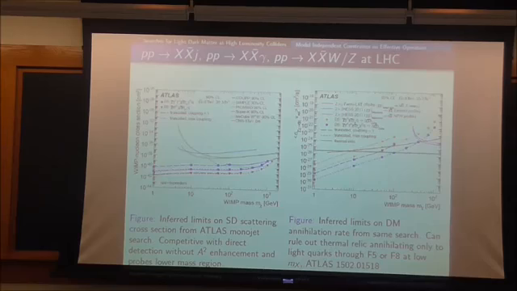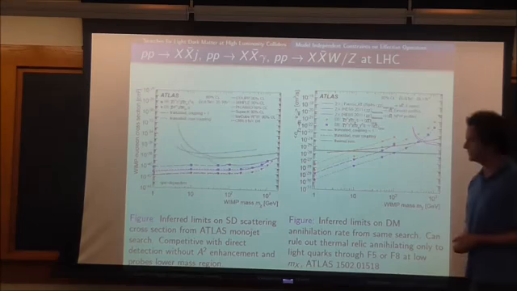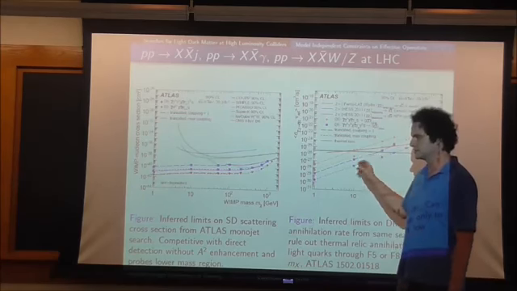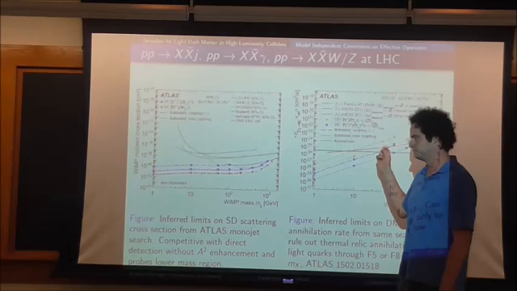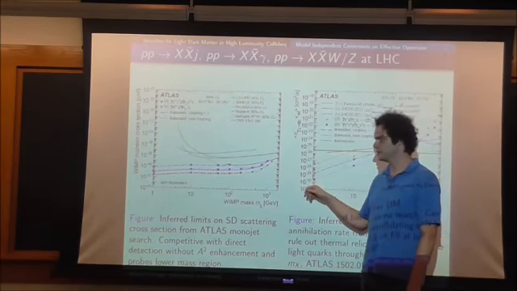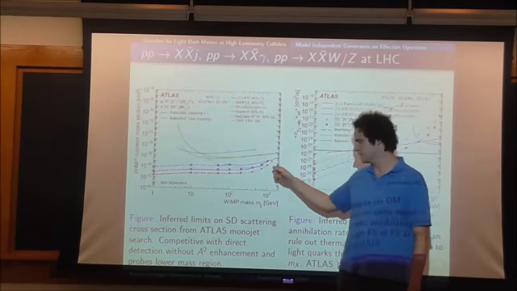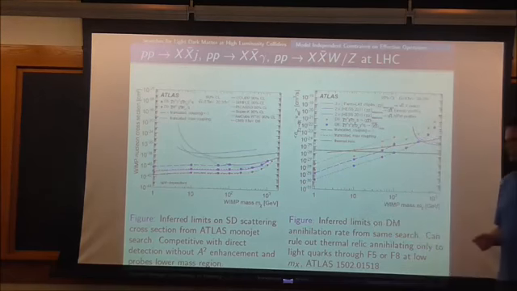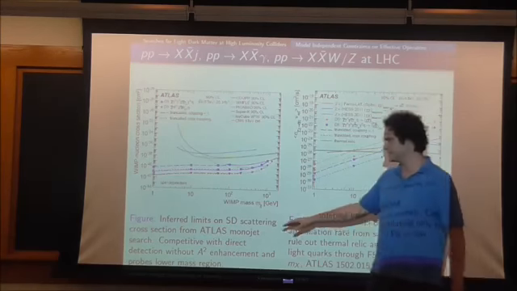So these are just a couple of example plots from monojet searches at the LHC. These features are common to any kind of collider search, whether it's monojet or upsilon searches. But when you do these model-independent searches, you become competitive with spin-dependent scattering, because in spin-dependent scattering at direct detection, you don't have coherent scattering off of all the nucleons in the nuclei, so you don't have your A² enhancement.